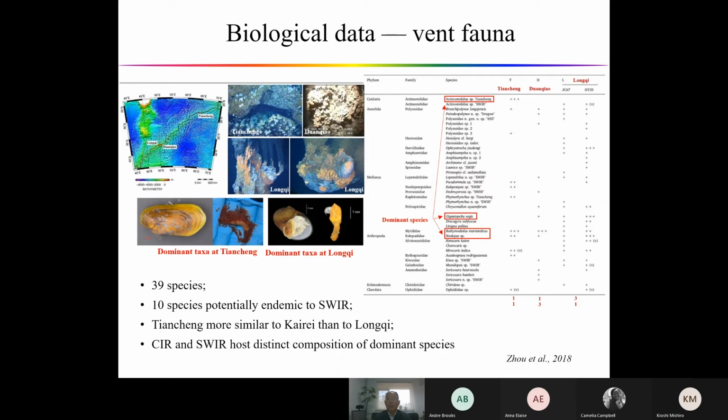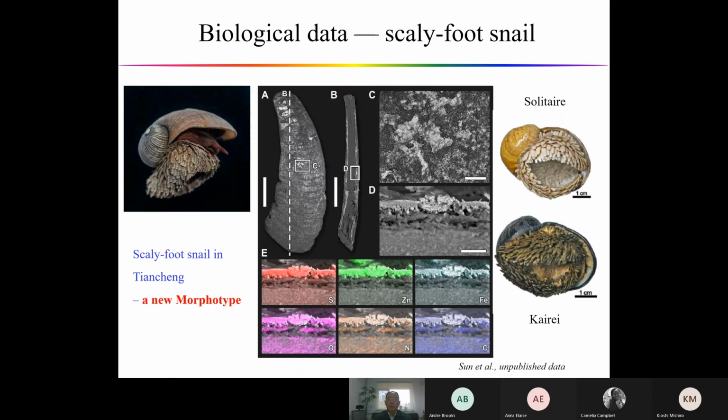The dominant species in Tiancheng was deep sea mussel, while it was snails in Longqi. The Tiancheng vent fauna was found to have a new morphotype of scaly-foot snail, which was whiter than those in Solitaire and darker than those in Kairei.